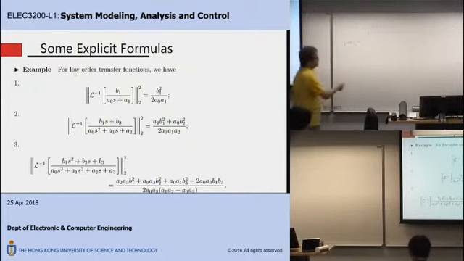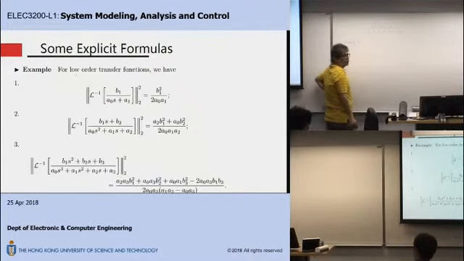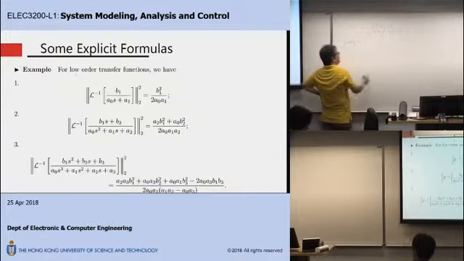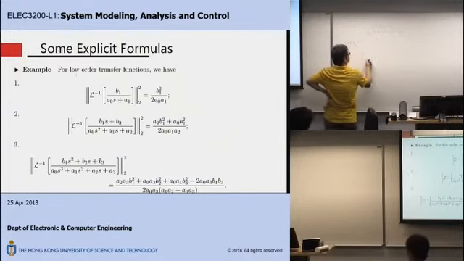So we again follow the standard procedure. We form the Routh table. The Routh table is A0, A1, A2, A3.